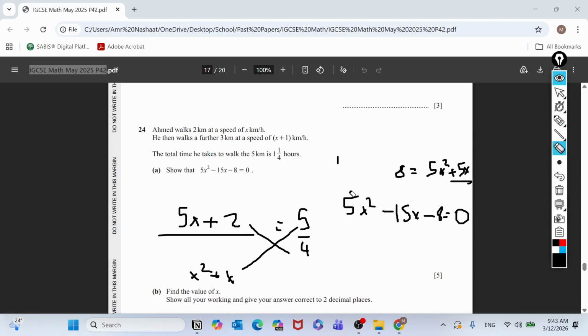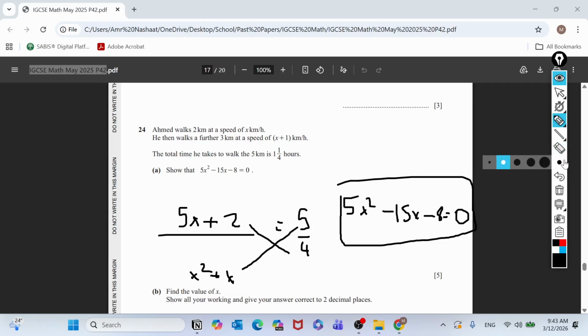Now you get this. Is that what they gave us? 5x squared minus 15x minus 8 equals 0. Yeah, that's basically how to solve the question. They said show that, you just do the steps.